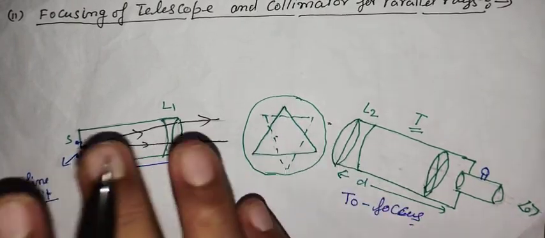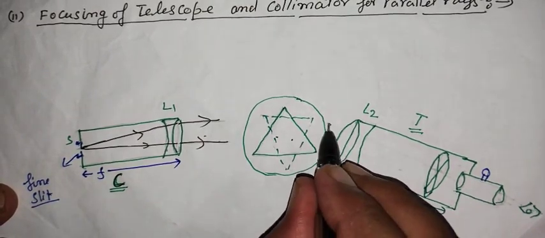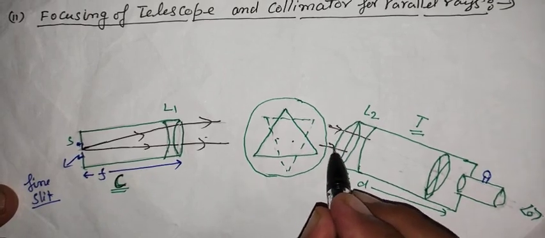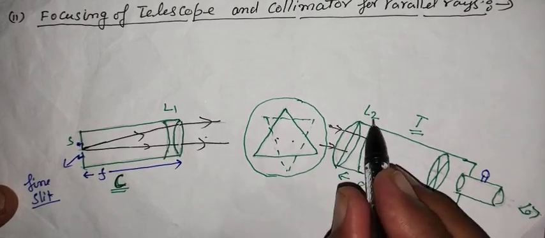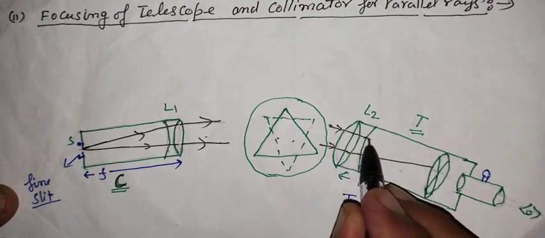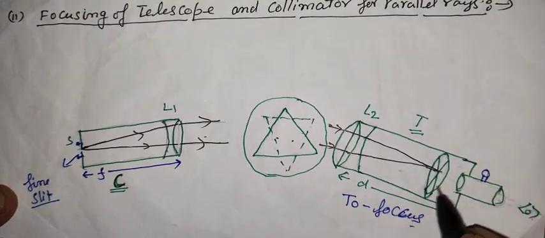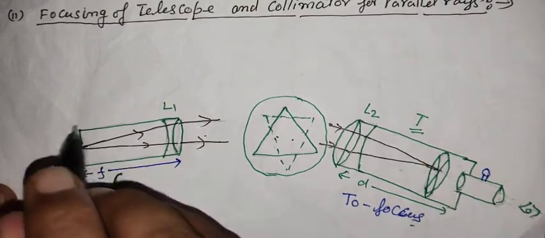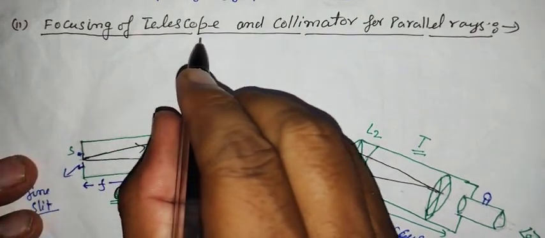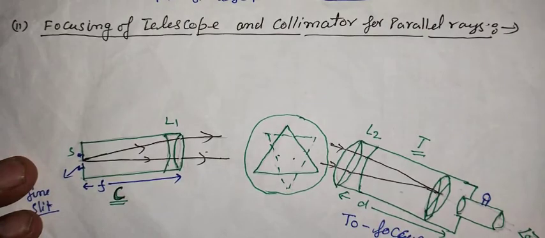In that condition, the diagram is like this: the parallel beam of light falls on it, and this parallel beam of light, after refracting, reaches the achromatic combination of lens, and both combine and can be seen through the eyepiece clearly. If we are able to do this, then it is called focusing of telescope and collimator for parallel ray.